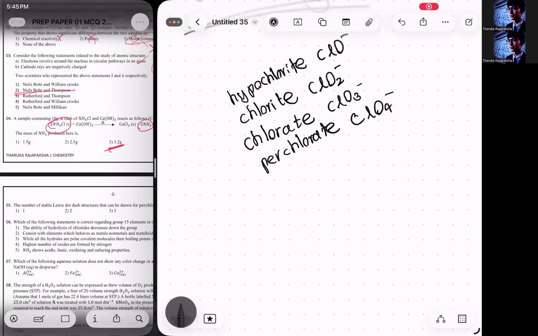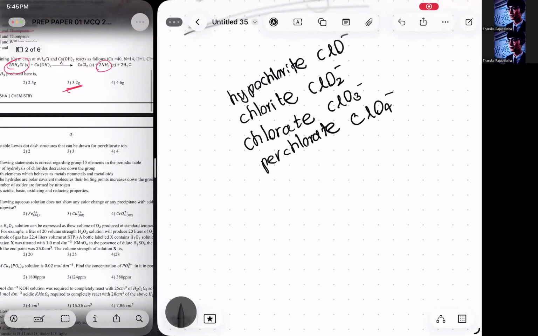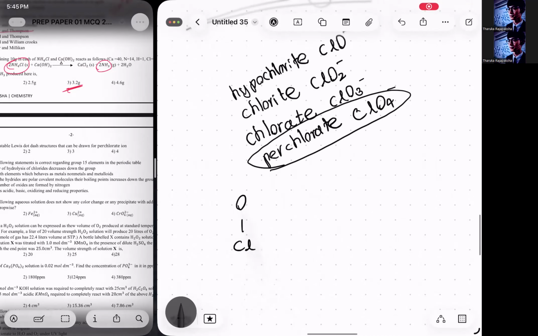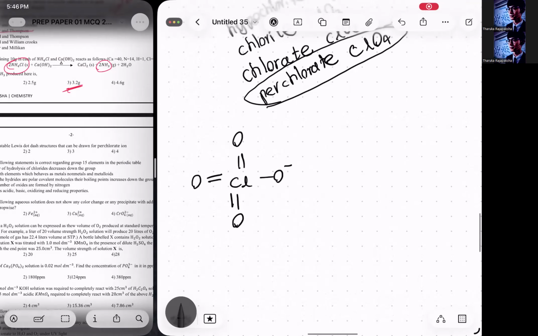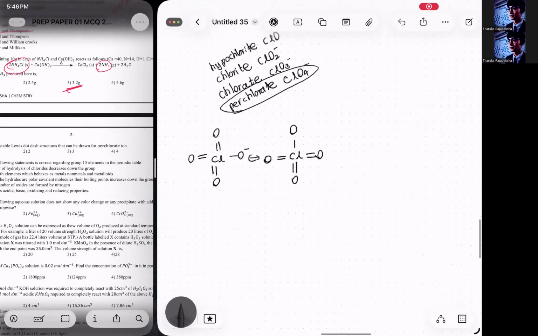So they're asking how many stable Lewis dot structures can be drawn for the perchlorate ion. So we are going to draw them. The Lewis structure will be something like this. There will be 7 bonds for chlorine with a negative charge. And now this can shift to all 4 places, giving 4 resonance structures.